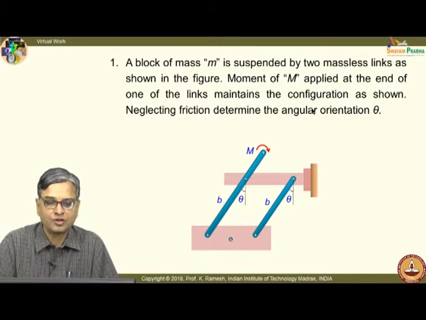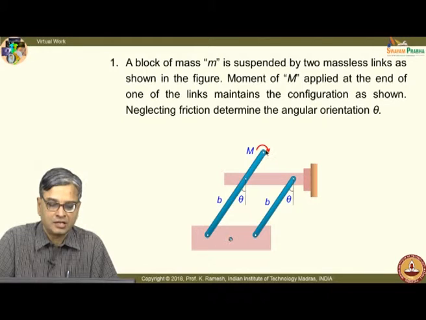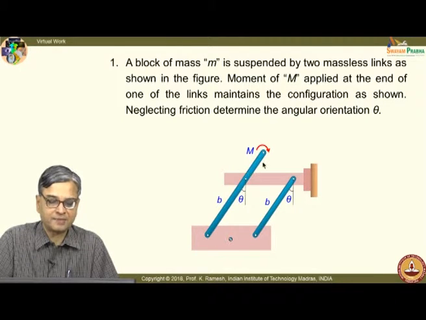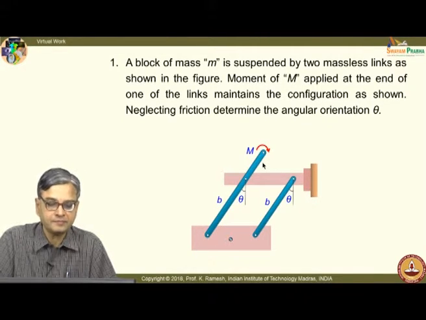So, it is no harm in assuming that these 2 links are massless. And a moment M is applied at the end of one of the links to maintain the configuration as shown. And it is labeled in the diagram with reference to the vertical, the link is oriented at angle theta.